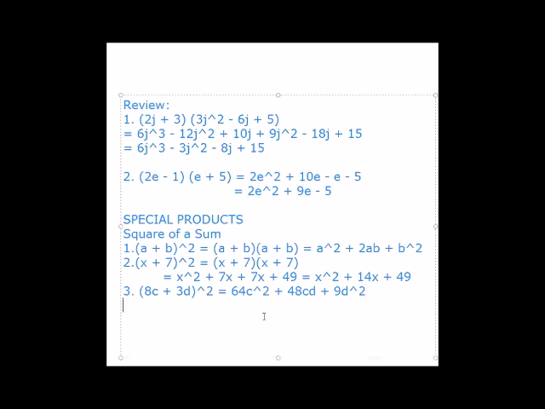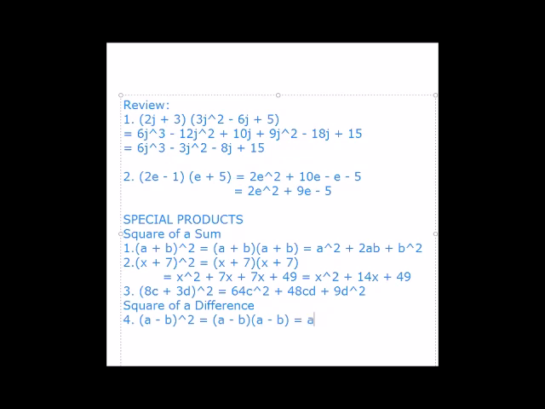Now, using this, let us try example number 4, but this time we will be dealing with the square of a difference. Example number 4: a minus b squared. So we will have a minus b times a minus b. L, can you share with us how much is a minus b times a minus b? A times a, ma'am, is a squared.